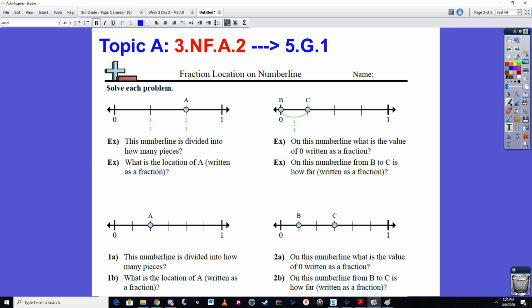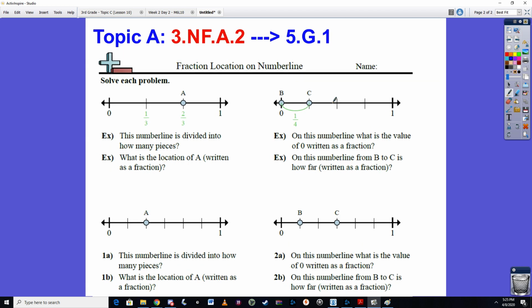Well, for the denominator of 3, they started at the first tick, and they hopped. If I hop here, that's 1 tick. That's the first tick. This is the second, and this is the third. So 1, 2, 3 ticks. So that's how you get your denominator. 3, 3, and this is also a 3.